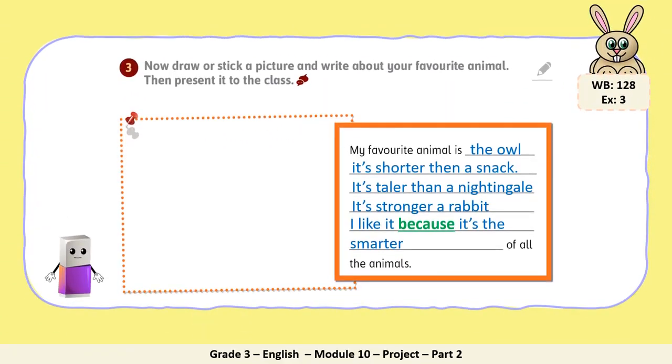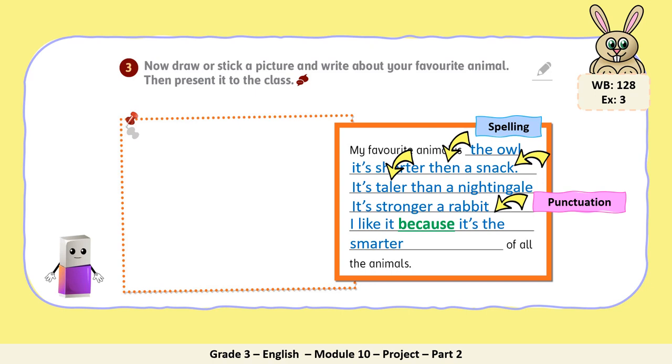Almost done. Let's go back to my draft one more time and find the mistakes there. I see a few spelling mistakes. I think I will go back to the student's book to check the word's spelling. Thank you. I also noticed I forgot to use a full stop at the end of this sentence.